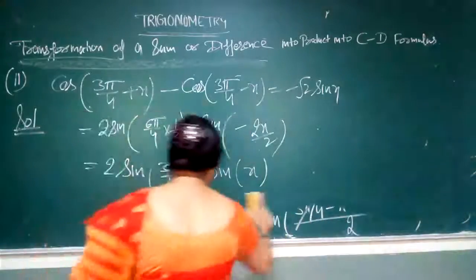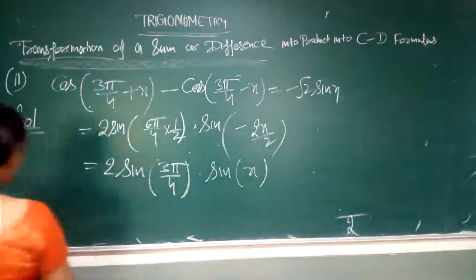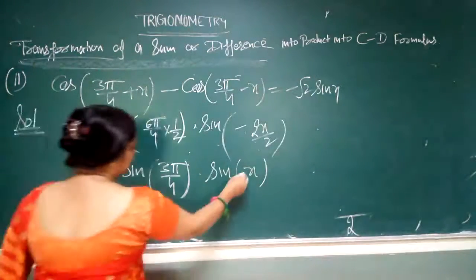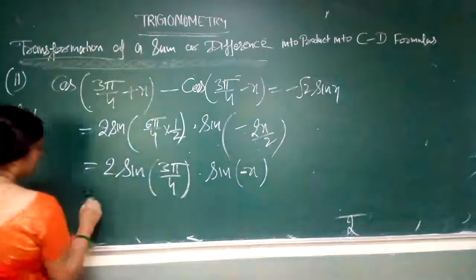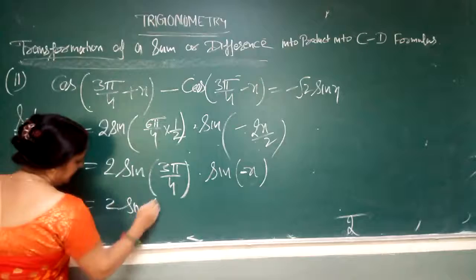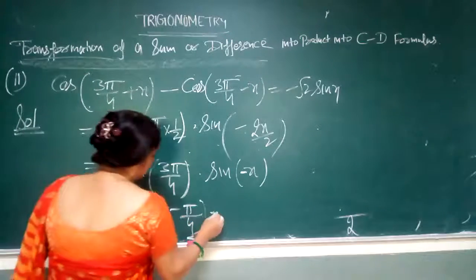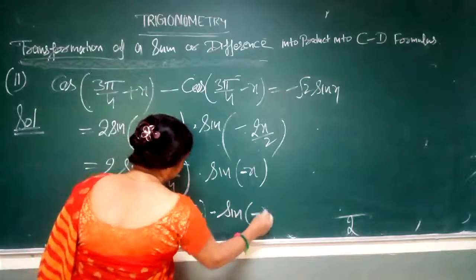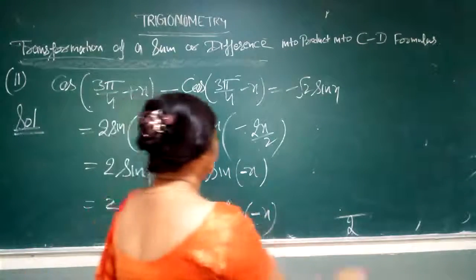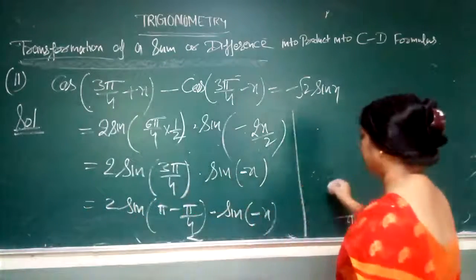We can write 3 pi by 4 as pi minus pi by 4, into sin of minus x.